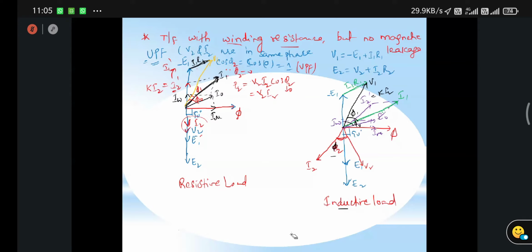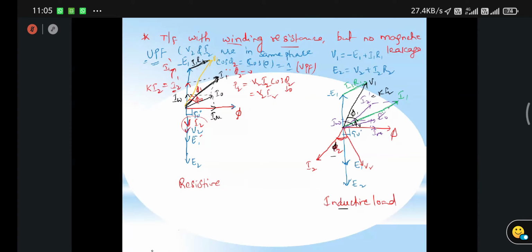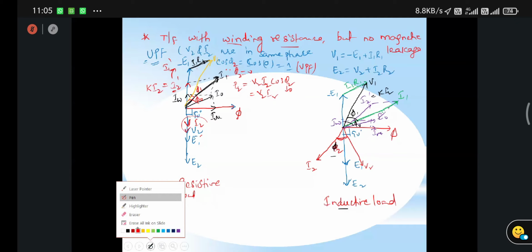So coming to capacitive load, I will draw here.